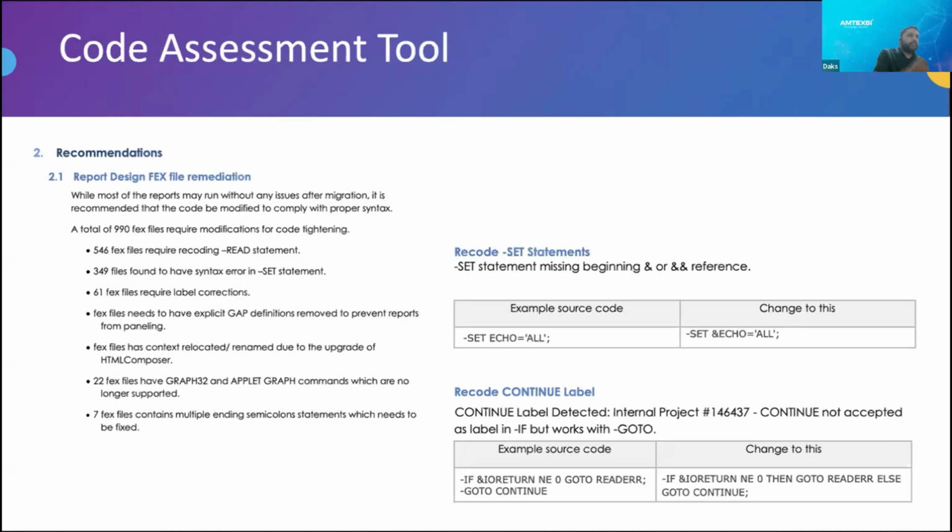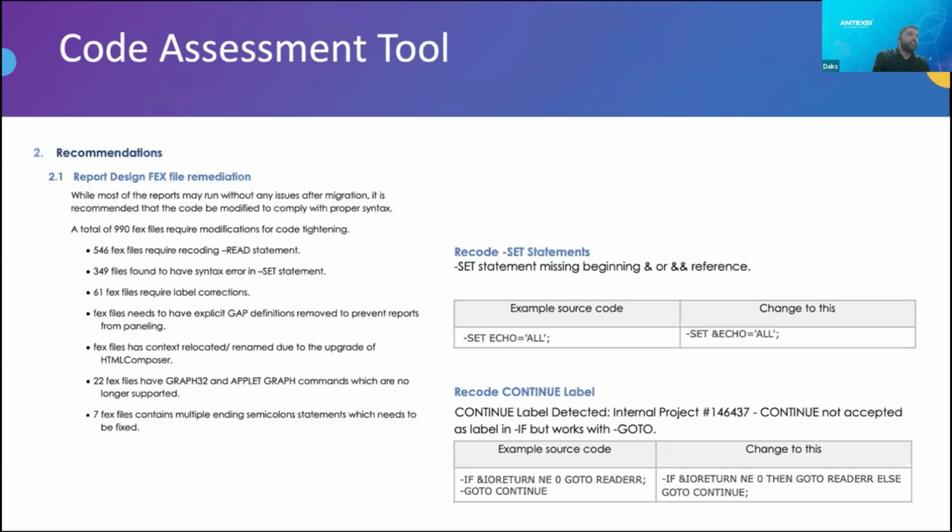So continuing with what we will be sharing back to you, the first slide we saw was just numbers of the FEX files, MAS files, and so on and so forth. But it doesn't stop there. We specifically point out what is wrong with each and every type of file or set of files.